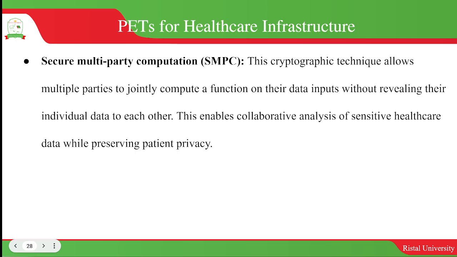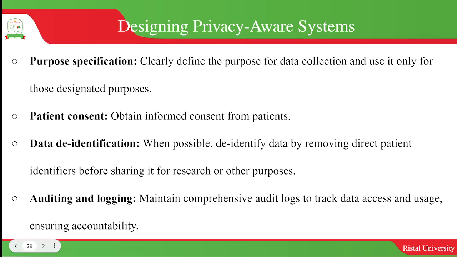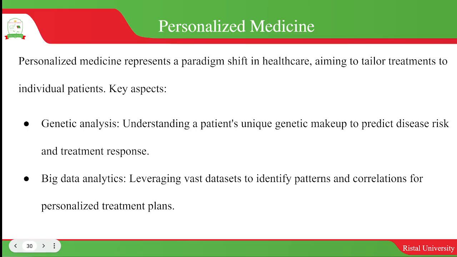Okay, so that leaves you without knowing the competitive advantage of either organization. So that is what we call secure multi-party computation. Okay, these are the same things that we have talked about.